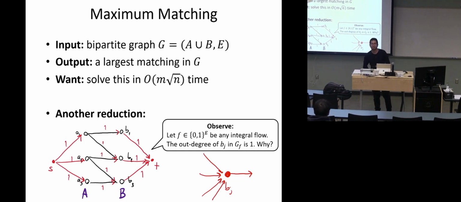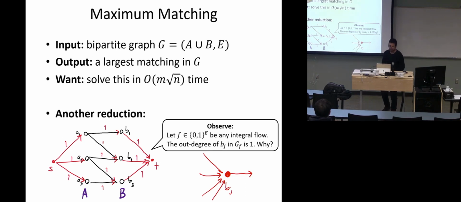If it was more than 1, that means 2 edges with flow 1 had to reach BJ, and it only has 1 outgoing edge in the actual graph, which goes to the sink, so the conservation would be broken.